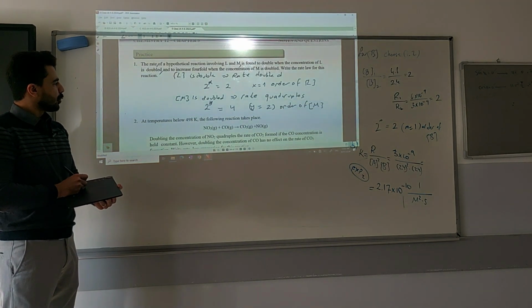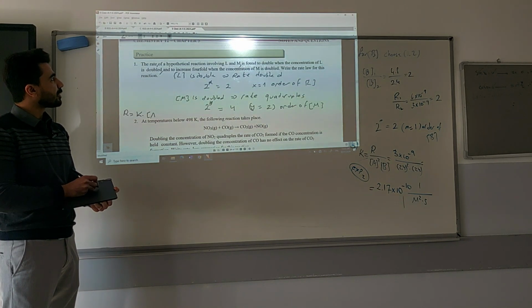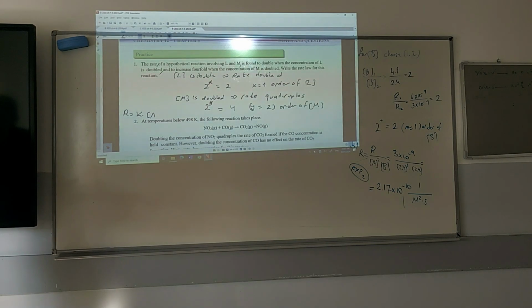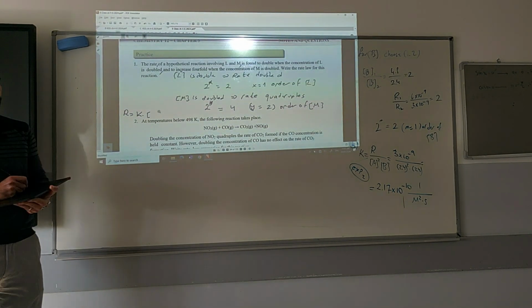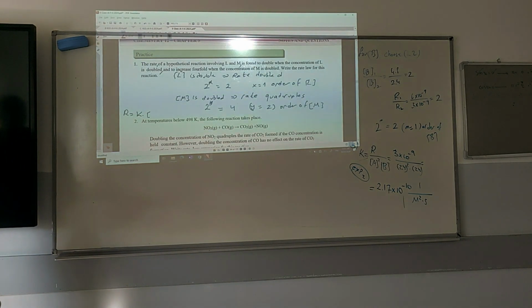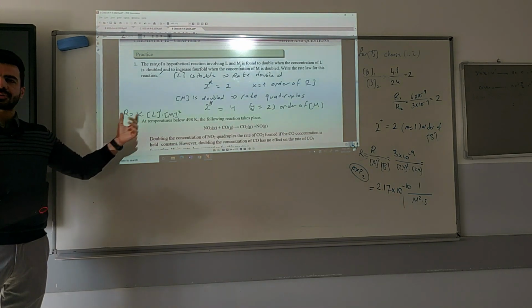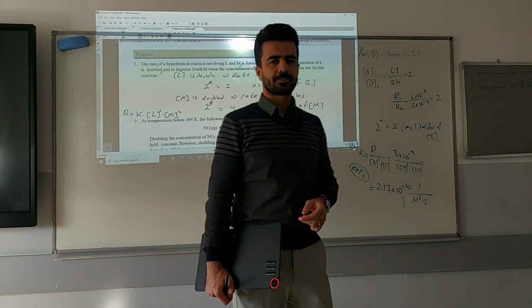Then in this case, we can say that rate law is equal to k times concentration of L to the power of 1, concentration of m squared. That's the rate law. Okay, that's all we have to write.